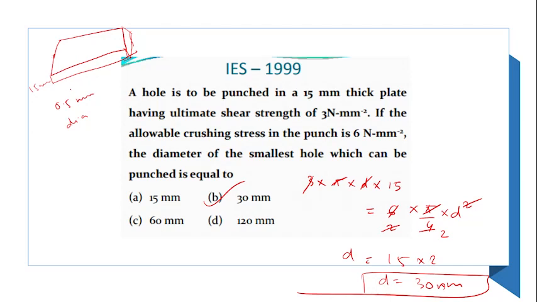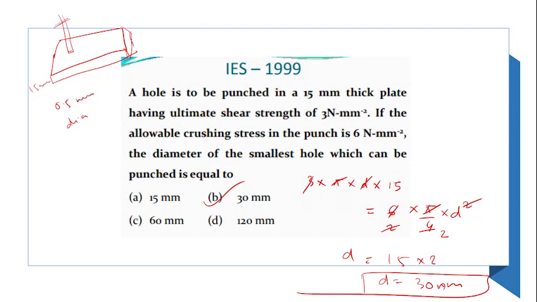Ignore the clearance. What size punch do you need? What will be the size of your punch? 0.5. So you can feel that this is very thin, right? It will be very weak.